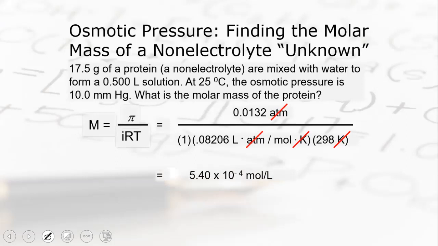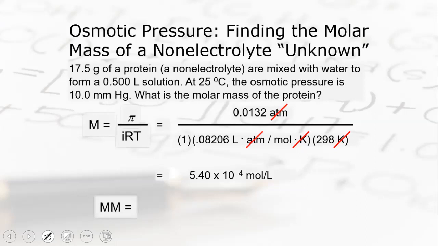You could tell based on the numbers on top that it was going to be a small value. Remember, proteins have very large molar masses, so a sample of a few grams of a protein is going to have very few moles in it. So in a half liter solution, that's a small value of molarity.